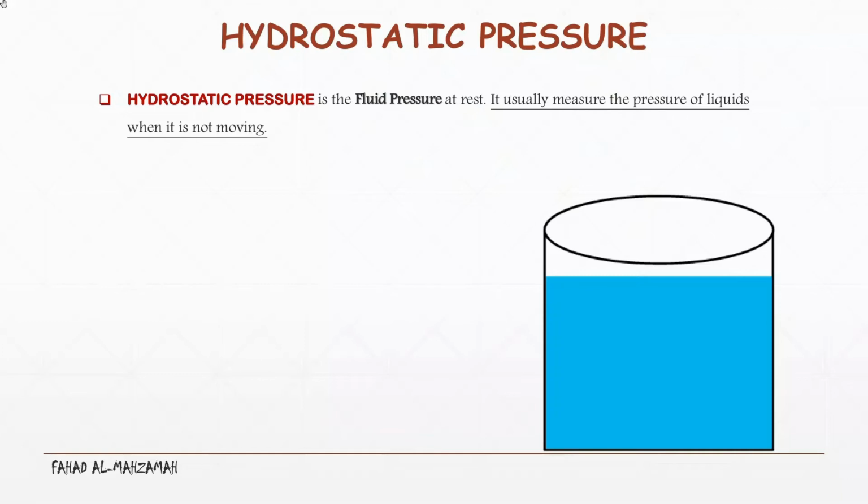Now here you can see that the container contains water with some level. And there is one thing that I need to mention: for the liquid, the molecules are not so close to each other. In matter, the first state is the solid.